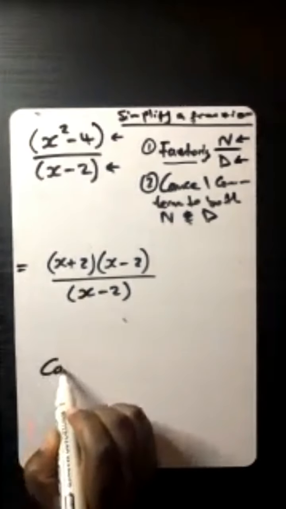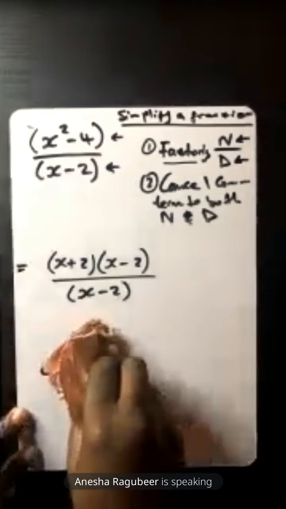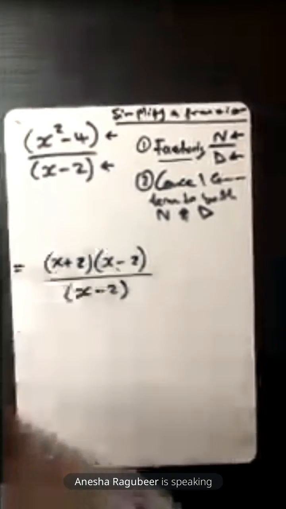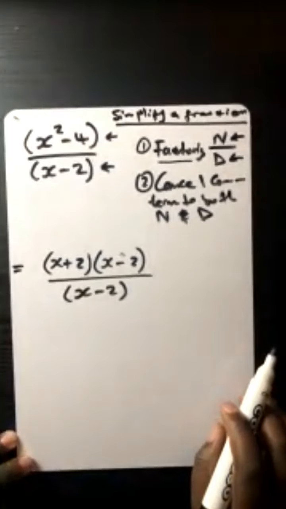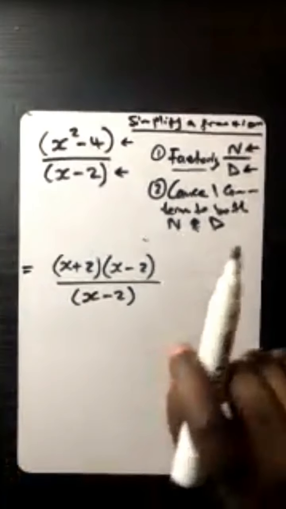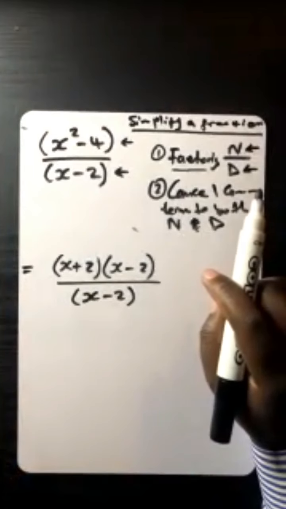You have to cancel out the terms that are common to both. The common terms. So the word that you are looking for is the common terms, isn't it? Yes, sir.